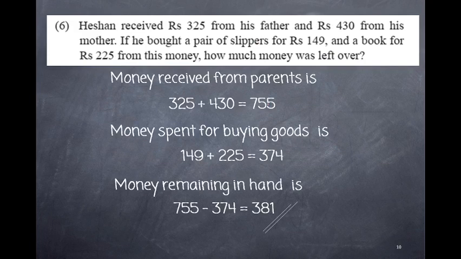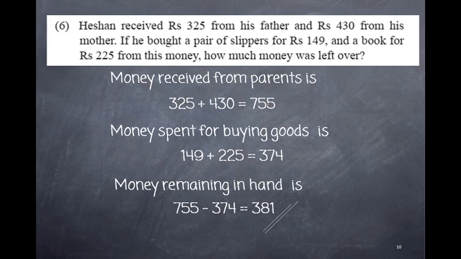Okay, now let's look at the sixth question. Heshan received 325 rupees from his father and 430 from his mother. So both the parents gave money to Heshan. If he bought a pair of slippers for 149 and a book for 225 from this money, how much money was left over?